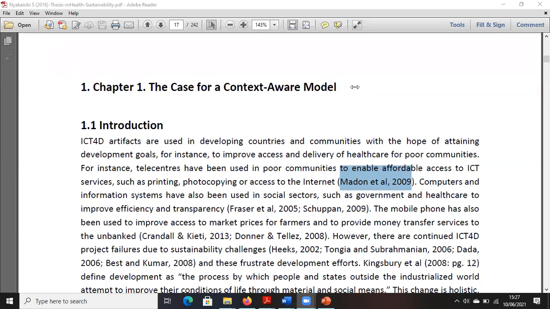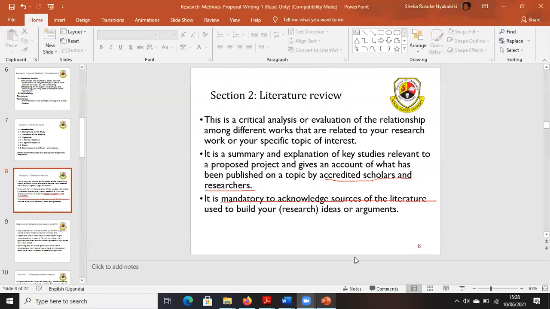Okay, that is good. Avoid the habit of copying and pasting from others, unless you're going to give a direct quote. Why? One of the things your supervisor does is randomly select a paragraph and put it in Google. Randomly, that's what they will do. And once they do that, and they find that you've copied and pasted the whole text from another article, automatically that's considered plagiarism.